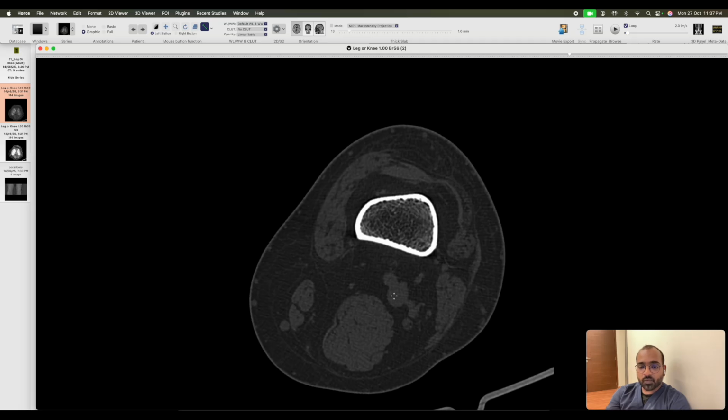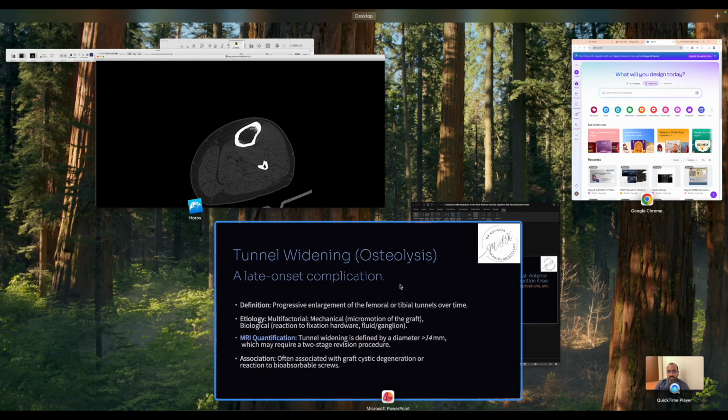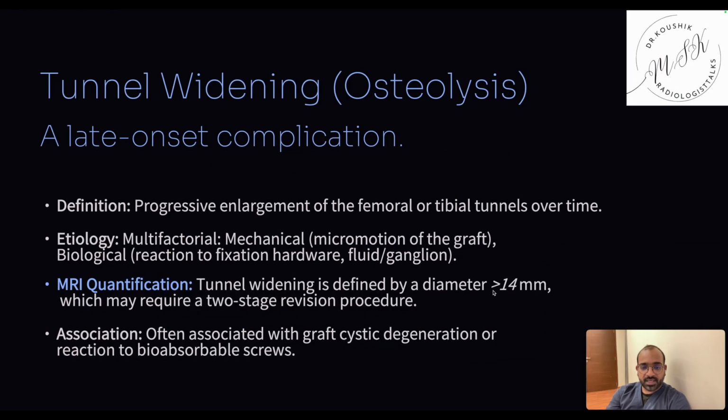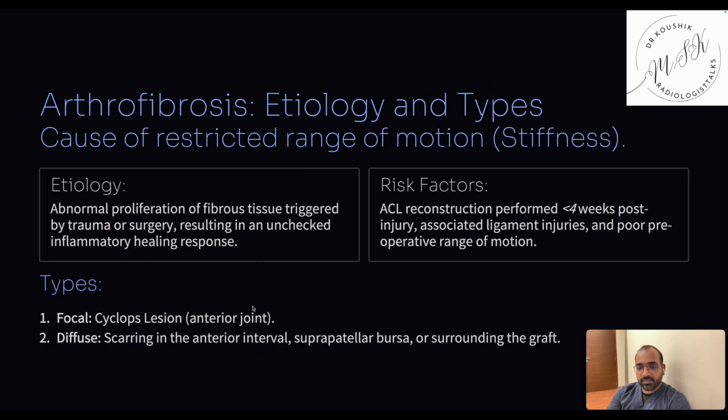If it is more than 14 mm, that is tunnel widening. So tunnel widening is described as diameter more than 14 mm, and that requires revision procedures. This causes cystic degeneration of the graft or retraction of the bioabsorbable screws.